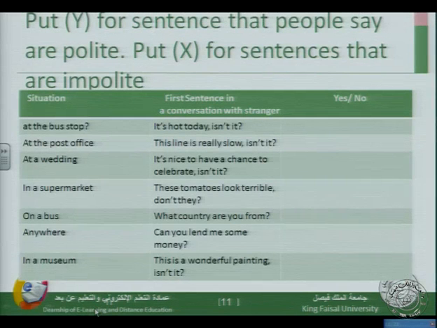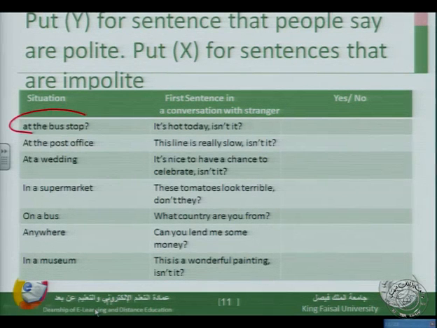For example, now I want you to put in your mind or on your screen Y for sentences that people say are polite, and X for sentences that are impolite. Okay? Now here I will put these Y and X according to my beliefs, according to my culture.